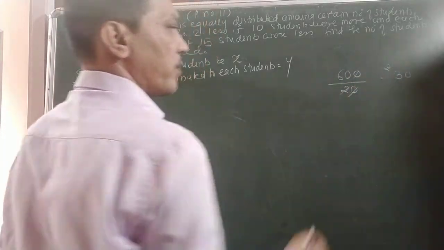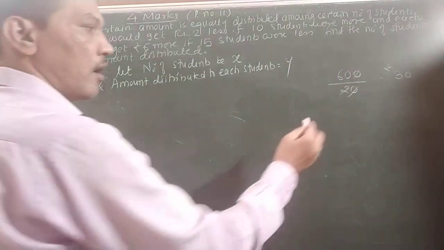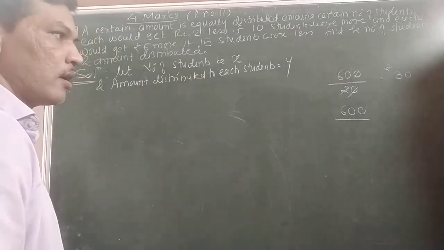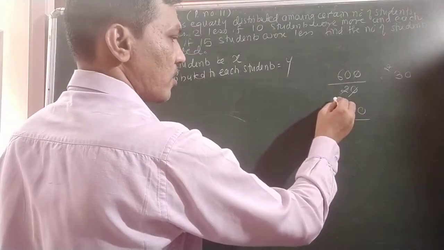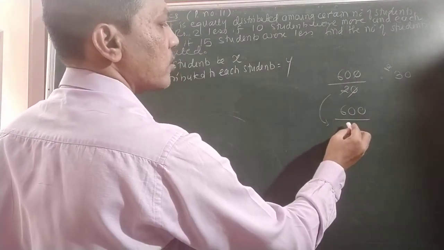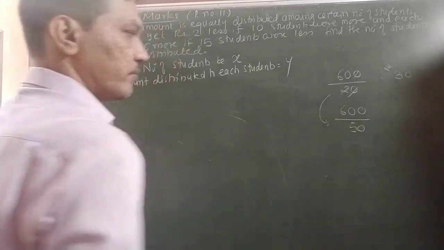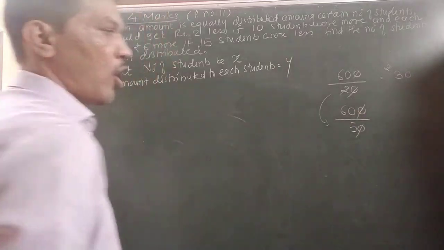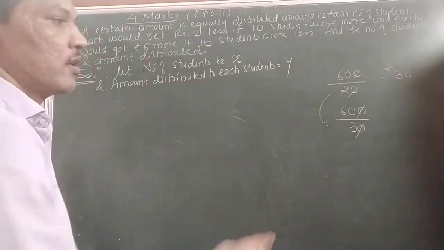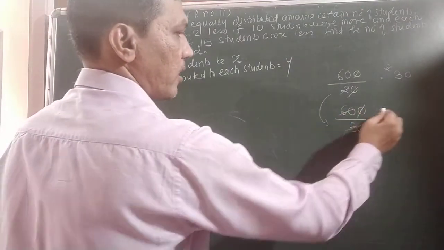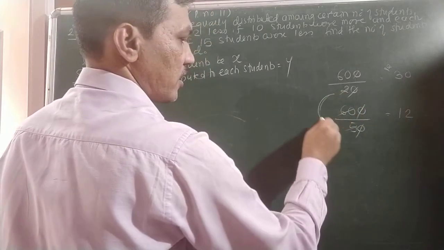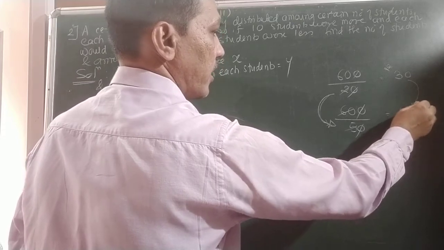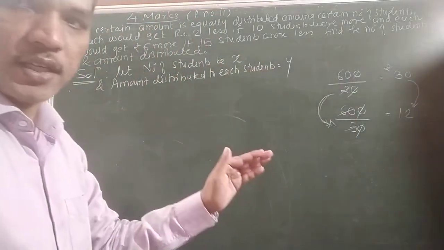But after some time, I have the same 600 money, but the students increase. Suppose 50 students are there. So now how much money will each get? 600 divided by 50 will become 12. So obviously when students increase, the money each gets reduces.